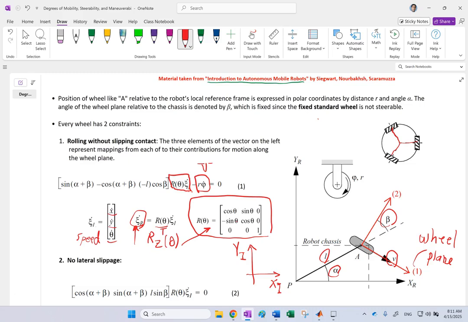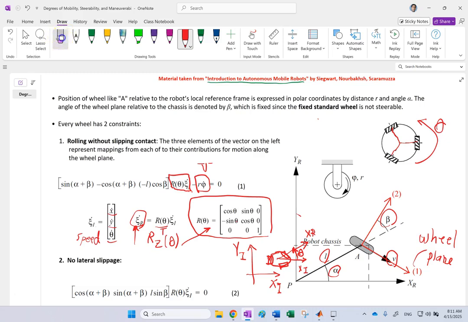Theta is the angle between R frame and I frame. So right now, theta is 0, but as soon as the robot starts turning like this, theta is defined between R frame and I frame. So let's say this is my robot, a second after this, and the wheels go like this. So now this is your R frame, x of R, and this is the original x of I. So this is that angle theta, which is time variable, okay?